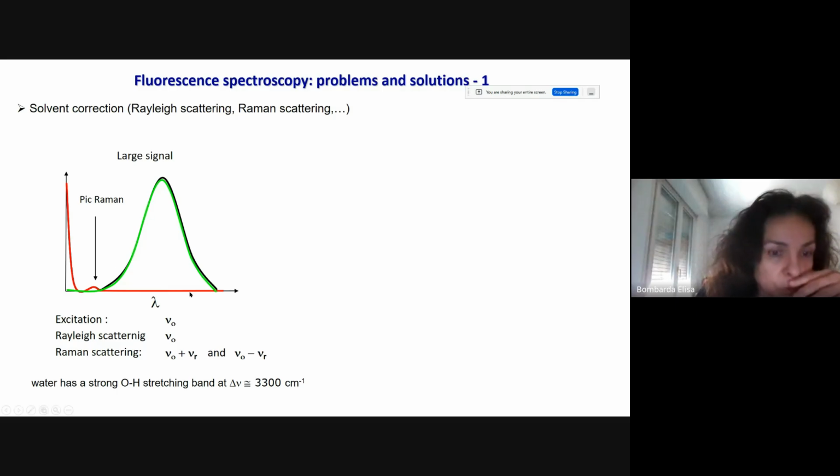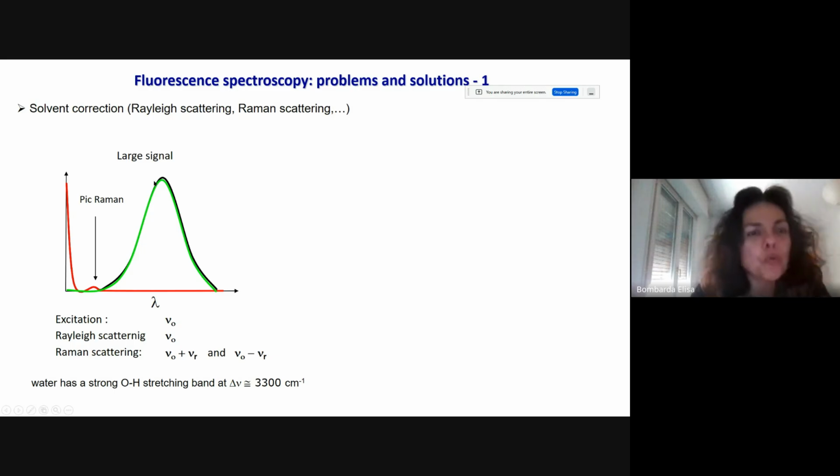We also have to say that in real life this band is not zero, because it also depends on some noise of your fluorimeter, etc. So with this operation we also clean the signal from the noise of the instrument.